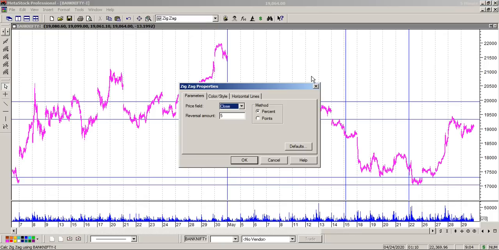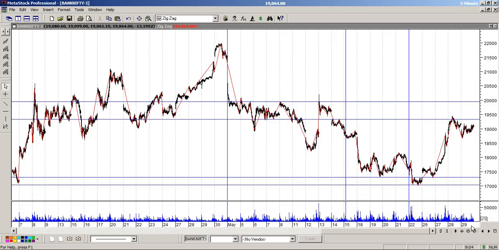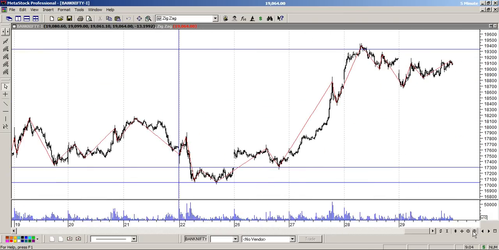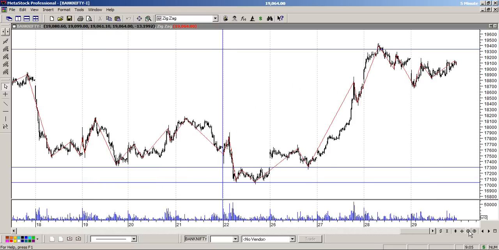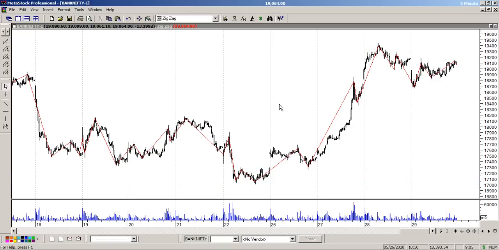I was probably trying to draw something. Okay, and let's do this 1%. So this is how Bank Nifty is moving over the past few days. We had a series of, okay, forget the lines. I drew the lines for something else.